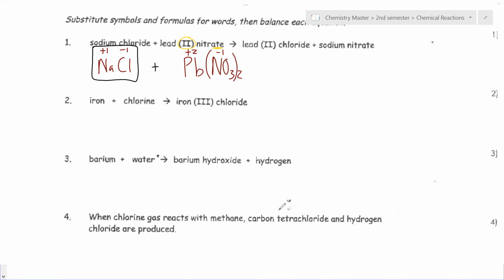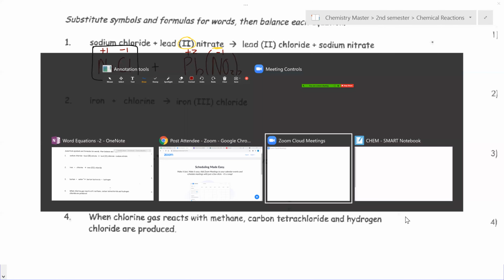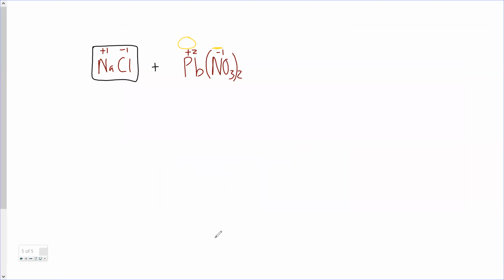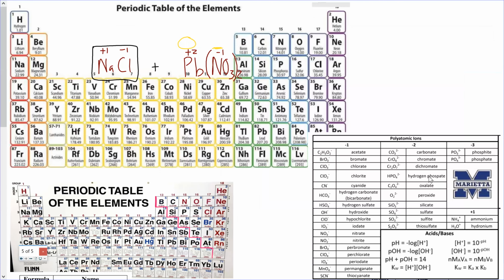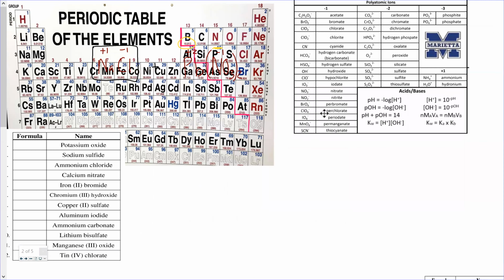Fantastic. If you don't know where that NO3 came from, let me show you super fast. It came from right here on the back of the periodic table: nitrate, NO3, with a -1 charge.